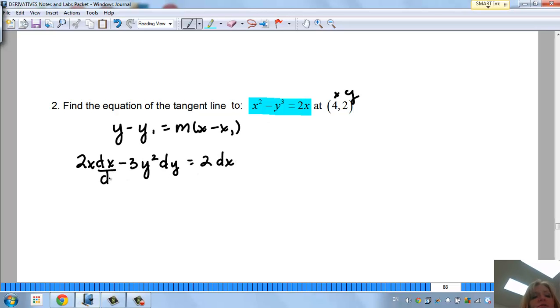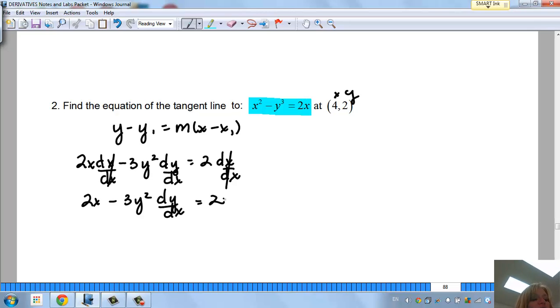Go through and divide through by dx because I have all terms. I don't have to worry about anything else, and this is nice. So I have 2x minus 3y squared dy/dx equals 2. Now I'm going to solve for dy/dx, and the easiest way to do this is to take this whole term right here, with the negative right with it, and move that all over to this side, and then move the 2 over here.